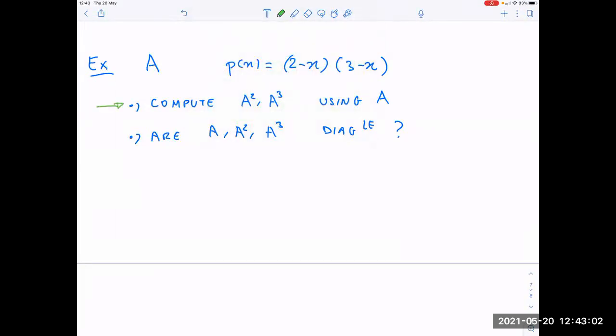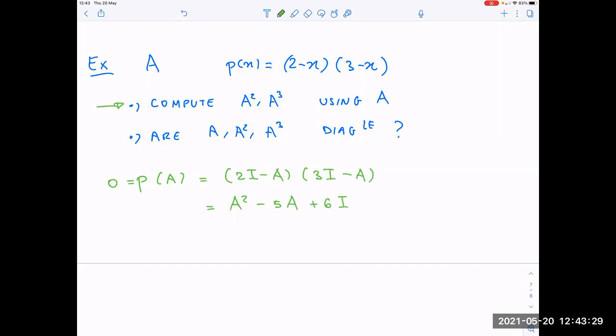What you know is that P of A is going to be 0, and this is equal to twice the identity minus A times 3 times the identity minus A, which means that A squared minus 5A plus 6 times the identity is 0.